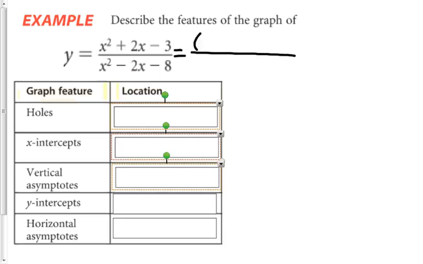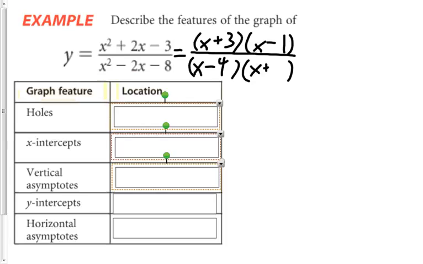So the numerator would become x plus 3 times x minus 1. And the bottom would be factored to x minus 4 and x plus 2.